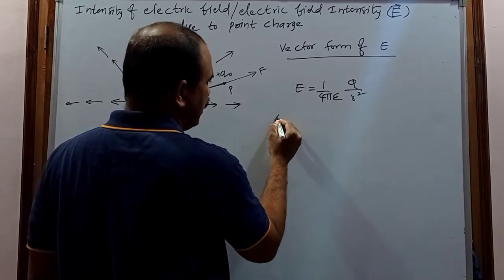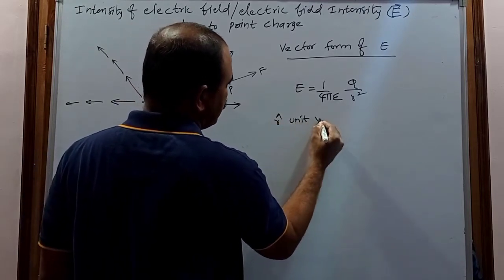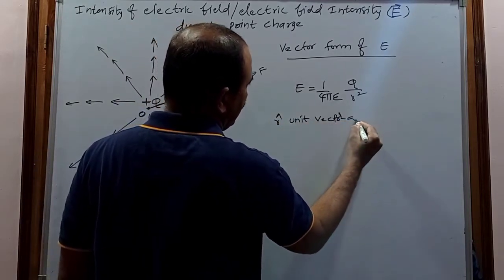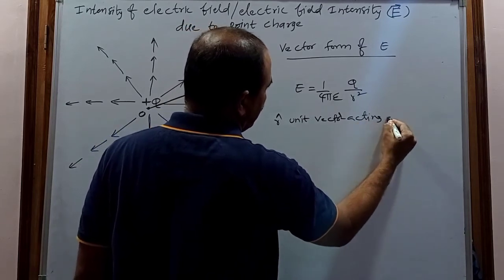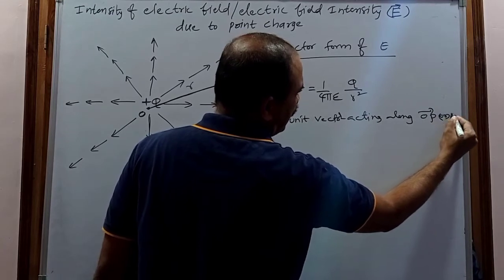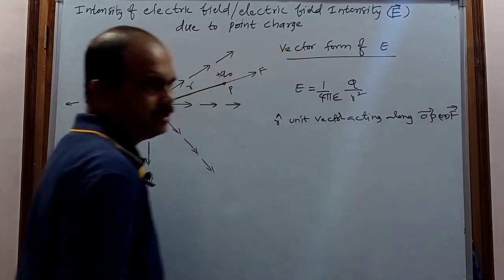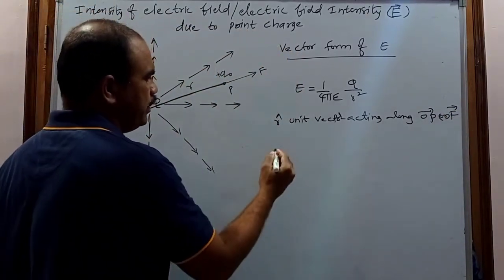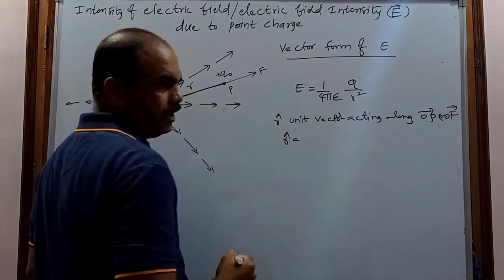So R cap is the unit vector acting along OP bar or F bar, where F bar is the force. How can we find the unit vector?